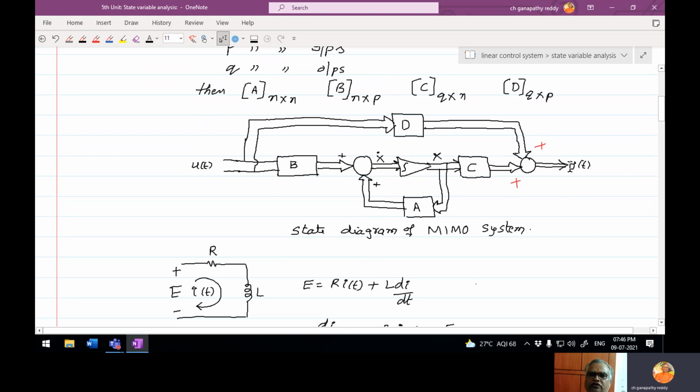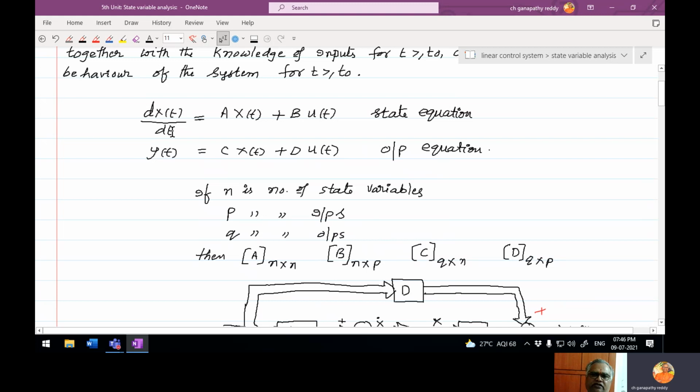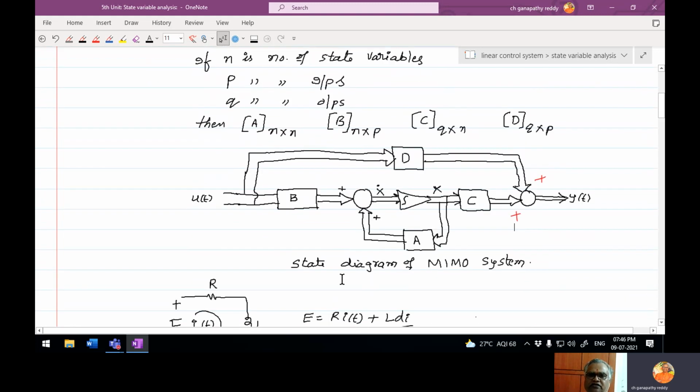So y of t is equal to C into x of t plus D into u of t. If you write the expression for y of t and x dot t, you will get exactly these equations. These equations we can represent like a state diagram. It's a pictorial view of representation.